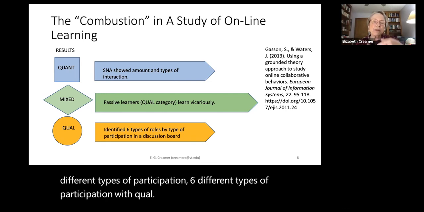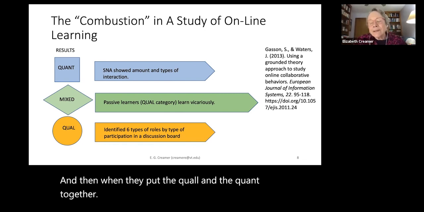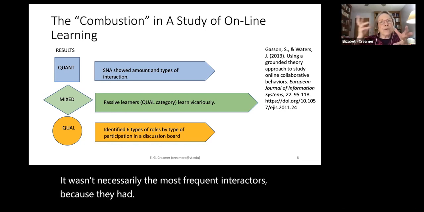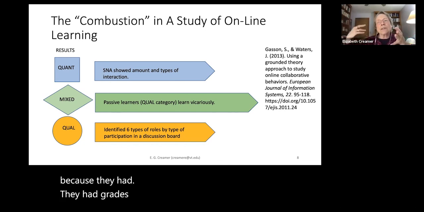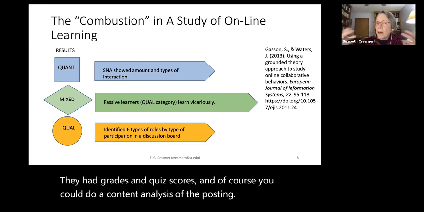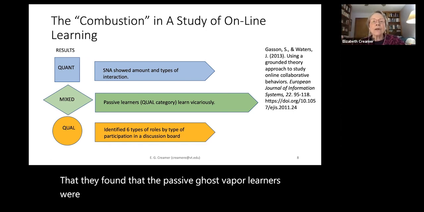And then when they put the qual and the quant together, it wasn't necessarily the most frequent interactors, because they had grades and quiz scores. And of course, you could do a content analysis of the postings. They found that the passive learners were learning vicariously through the conversations.